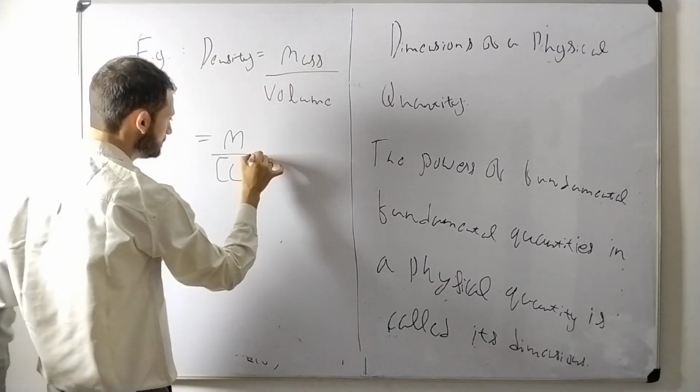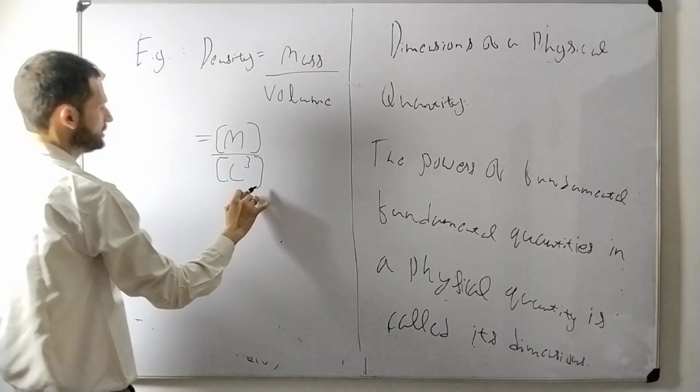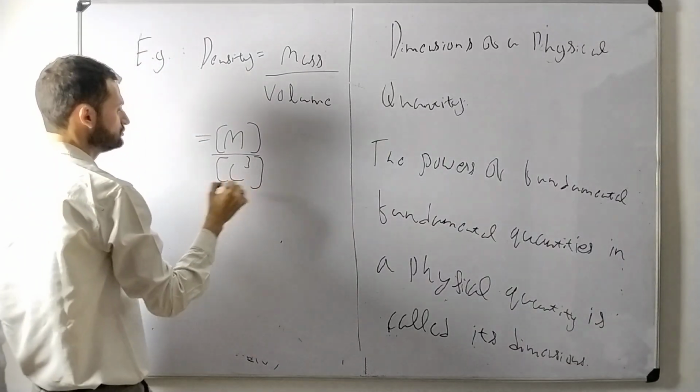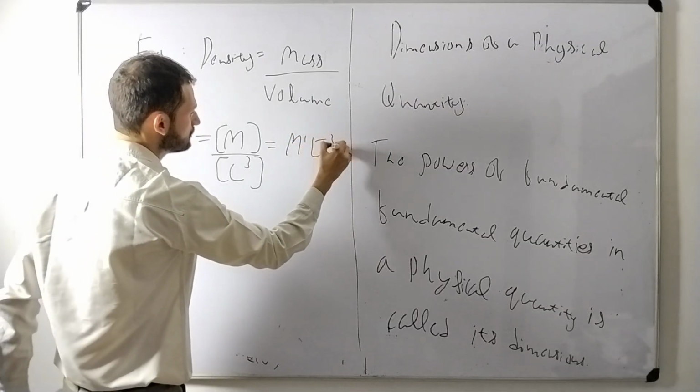L cube being length into breadth into height. This makes M1 L minus 3.